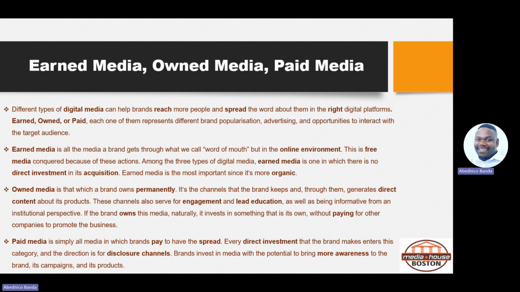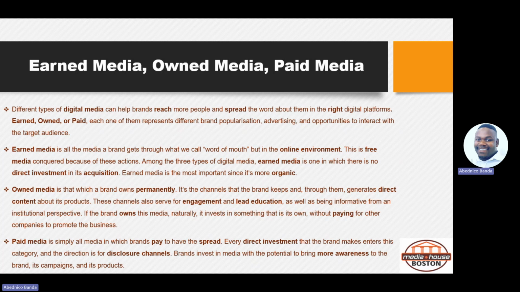So in order for people to respect you, there is something that you have to do to get that respect, right? It is the same thing with earned media. So this is all the media a brand gets through what we call word of mouth in the online environment. So this is free media conquered because of this action.